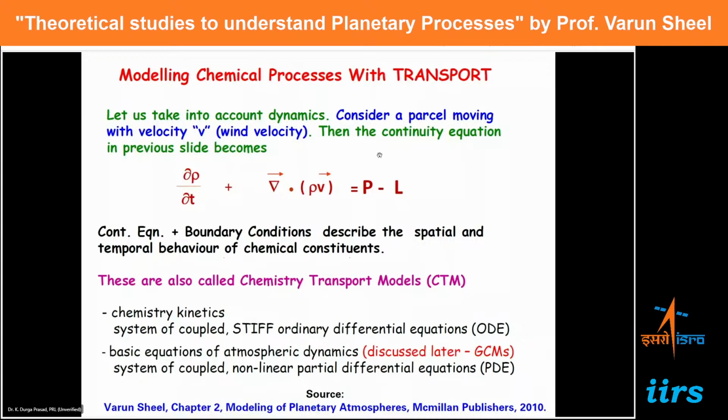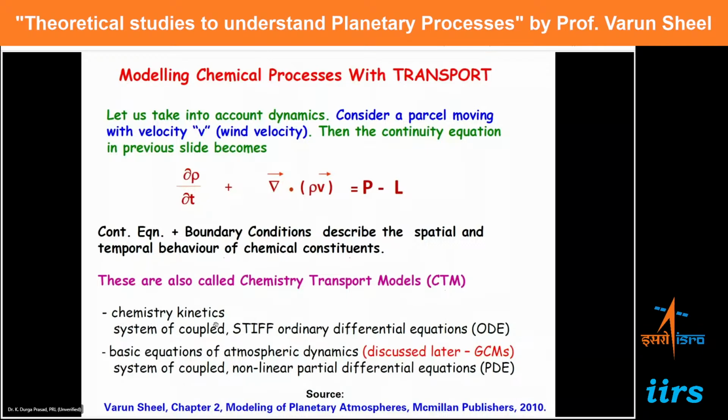So the continuity equation plus boundary conditions will now describe the spatial and temporal behavior of the chemical constituents. Any of the previous kinds of model where there is no transport is simply a chemical model. Whereas if you include transport, then such models are called chemistry transport models, CTMs. They can have two basic things.